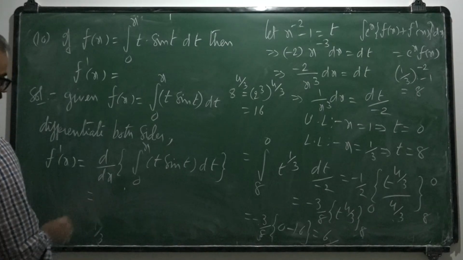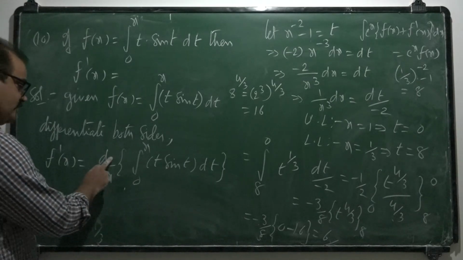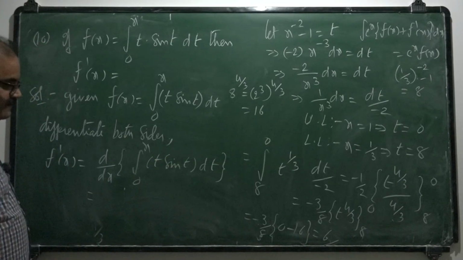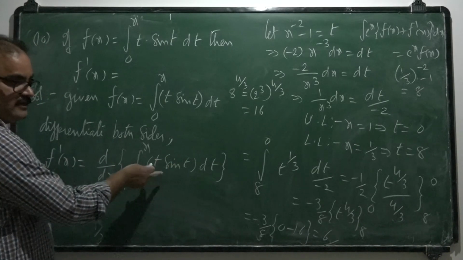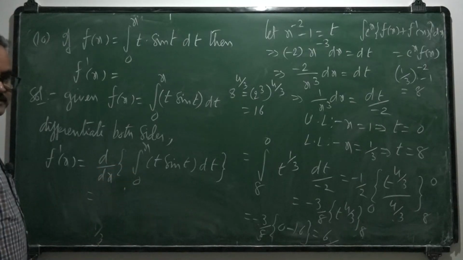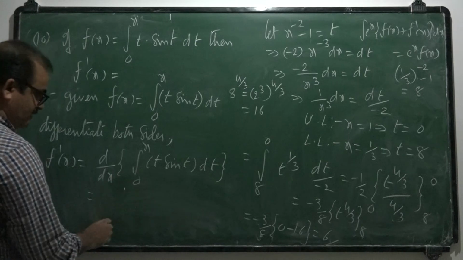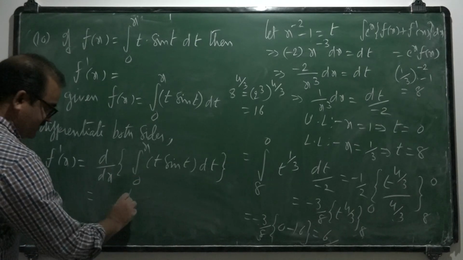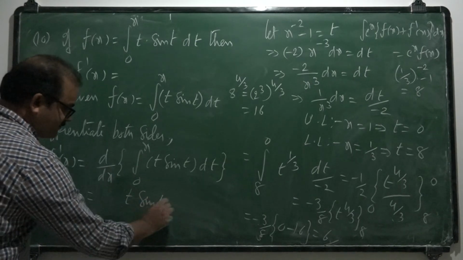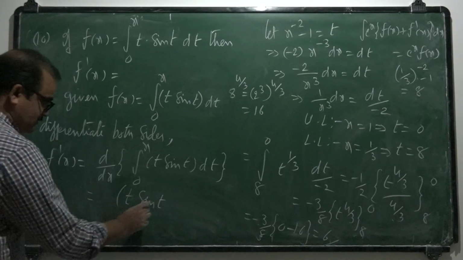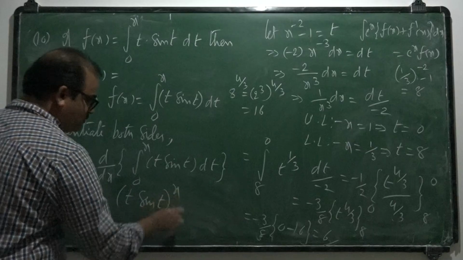Okay, here we know that derivative of integral of any function is itself. Derivative of integral or integral of derivative is the same function. So here derivative of integral is the same function t into sin t. But that function is in between the limits 0 to x.